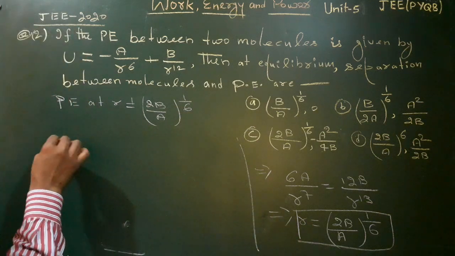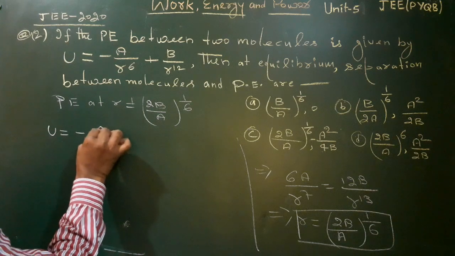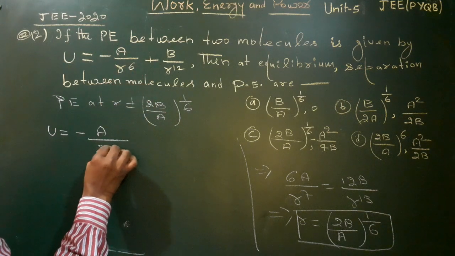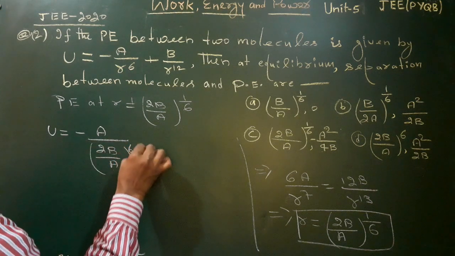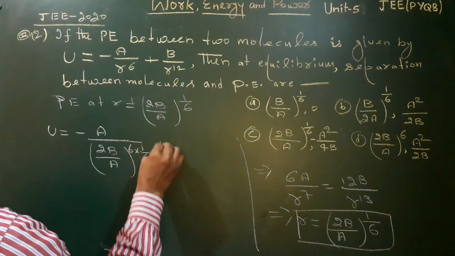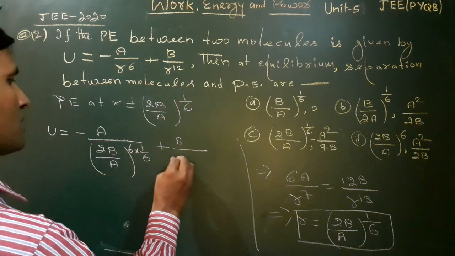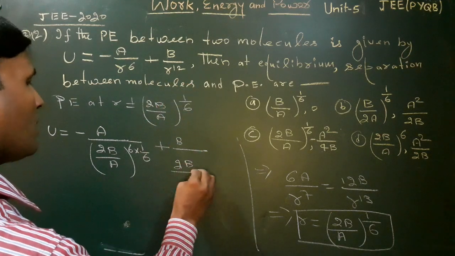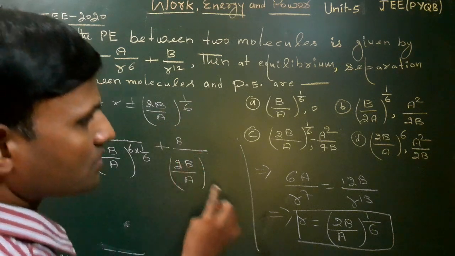The potential energy is given as minus A by R6 plus B by R12, so you can put here 2B by A, that is, 6 into 1 by 6, and for R12, 2B by A, that is 1 by 6 into 12.